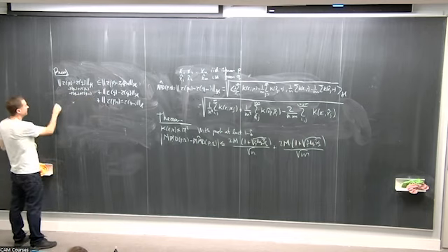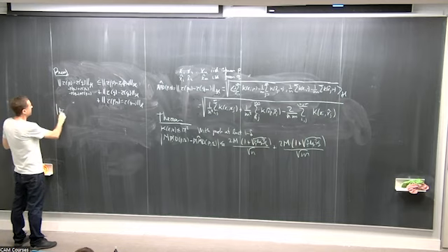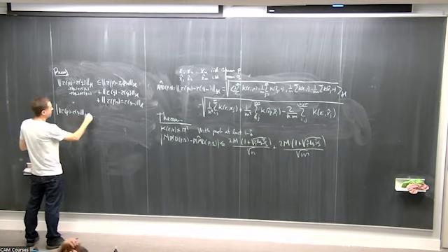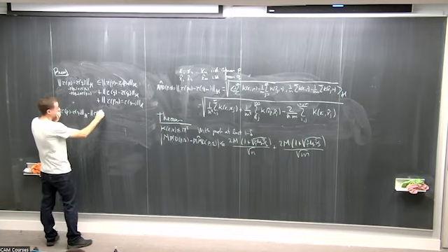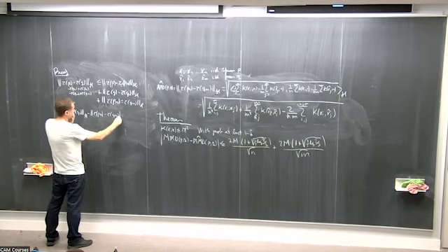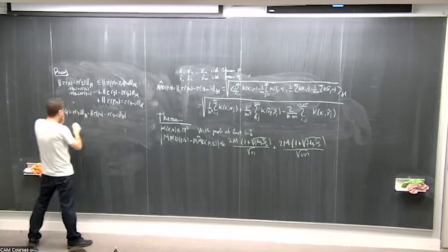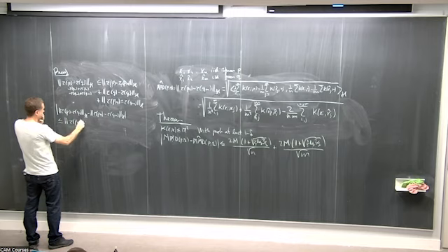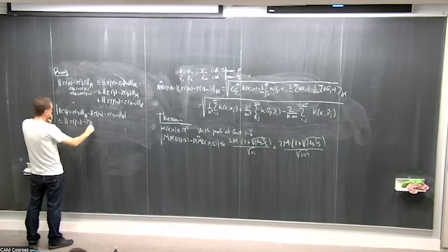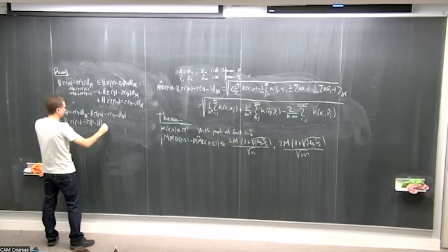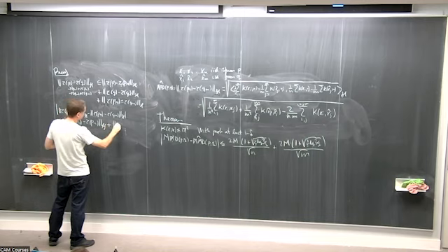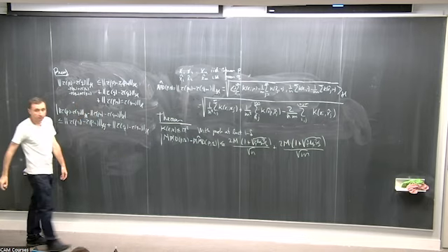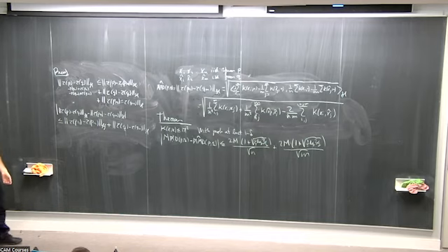So at the end of the day, I have that the absolute value of the difference between these two things is going to be smaller or equal than the sum, using the triangular inequality a couple of times.